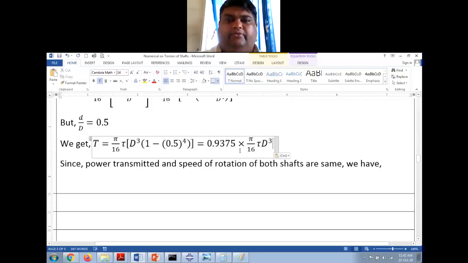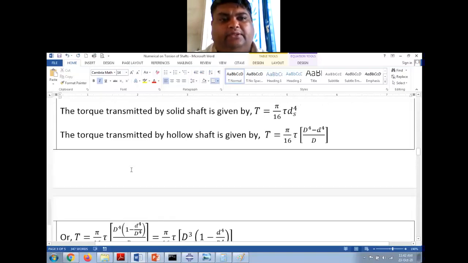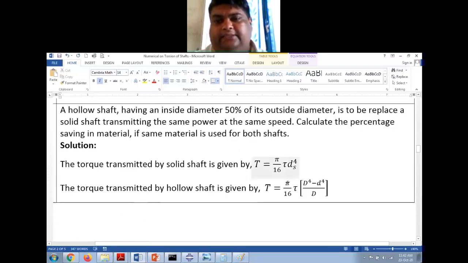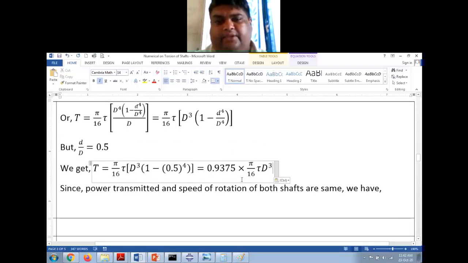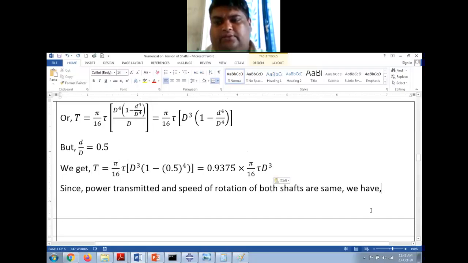Yeah, that is required. Without that, you cannot solve this. Because now I'm going to derive a relation between this ds and d, right? So I have to equate both the torques.